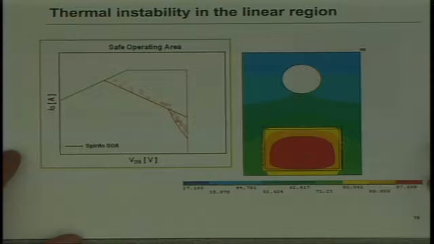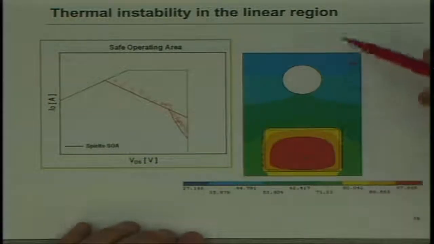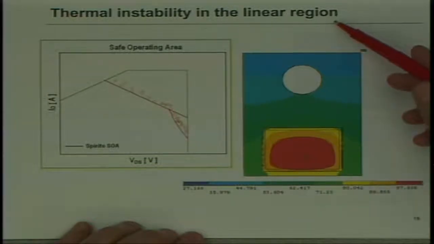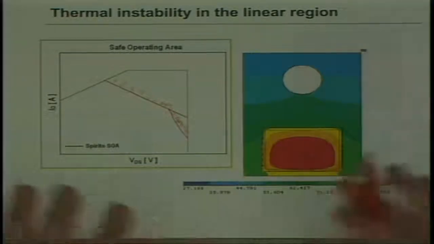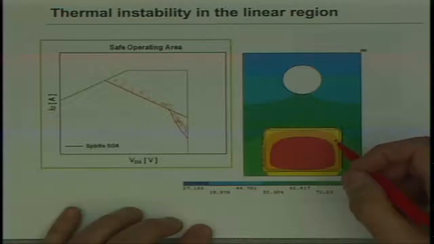one of the second key issues that you need to worry about in MOSFETs, which is what's called thermal instability. All of these things we've been talking about, how much power they can handle and how much energy they can dissipate, assume that you have relatively uniform distribution of temperature across the die. That isn't always true.